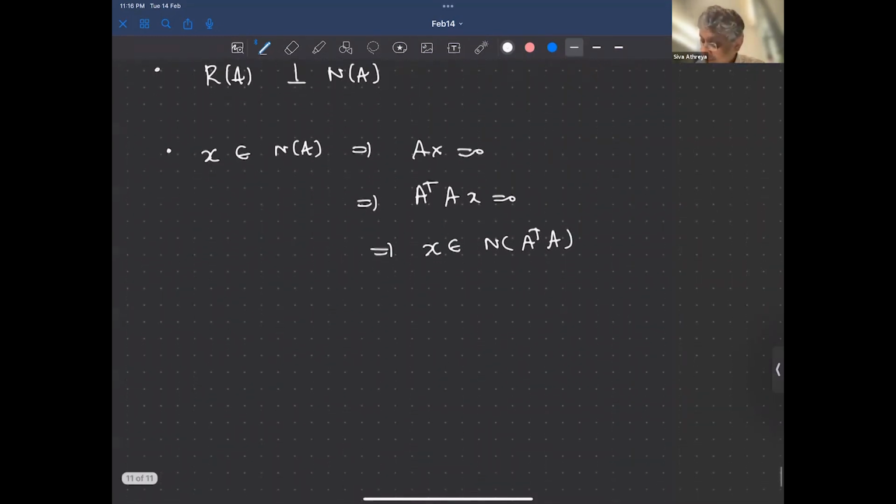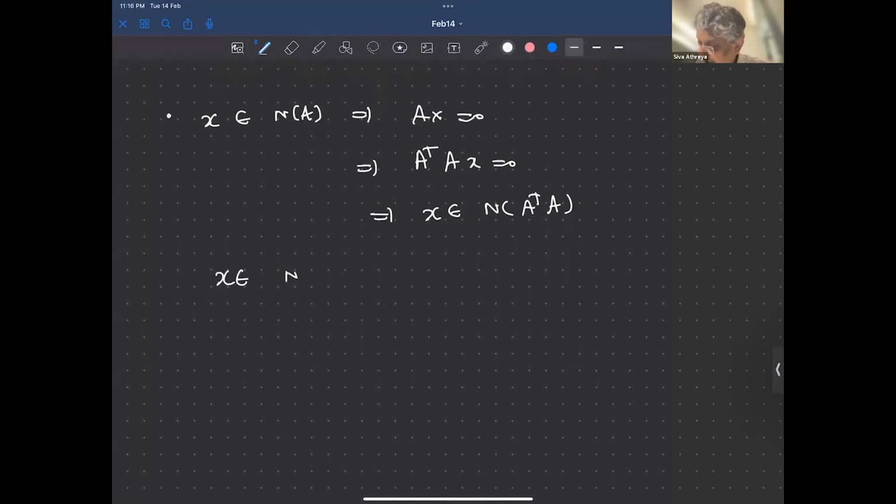The reverse is also easy. You take x in the null space of A transpose A, then A transpose A x is 0. That's the same as saying x transpose A transpose A x is 0.